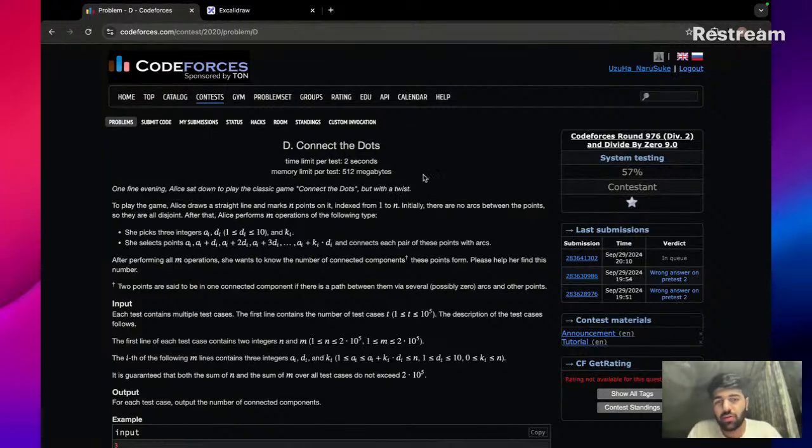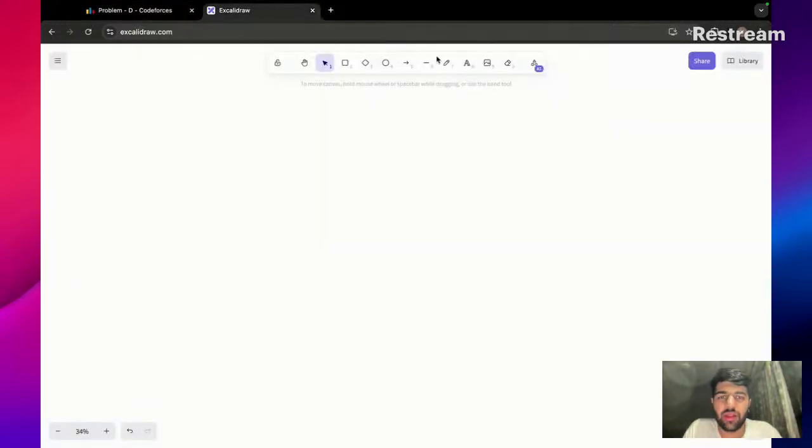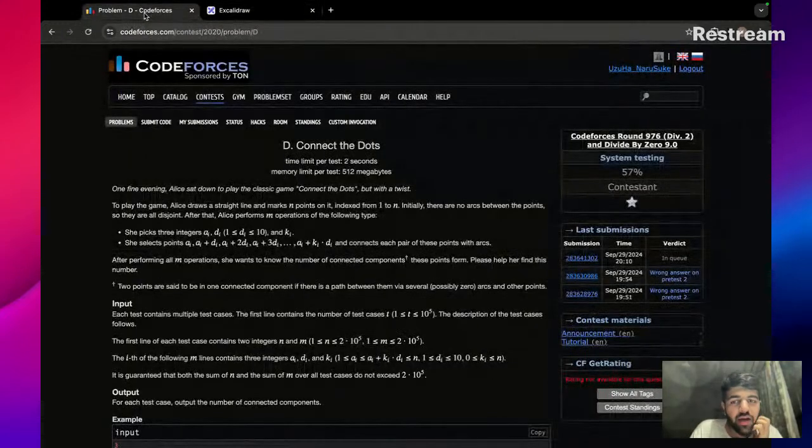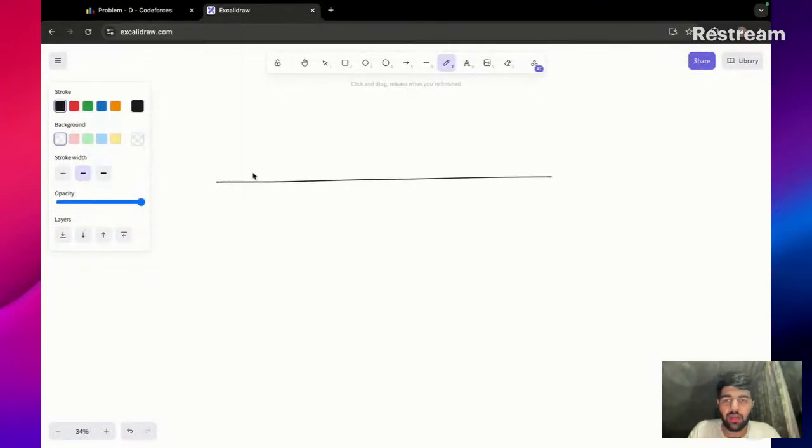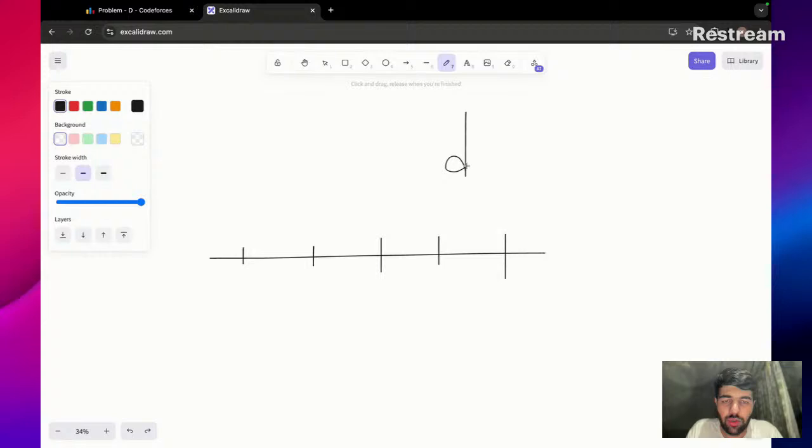Wow. Okay. So D, what it says is that I have points on a number line, right? And from here to here, I can get, say, some k times, but the maximum distance is going to be 10.